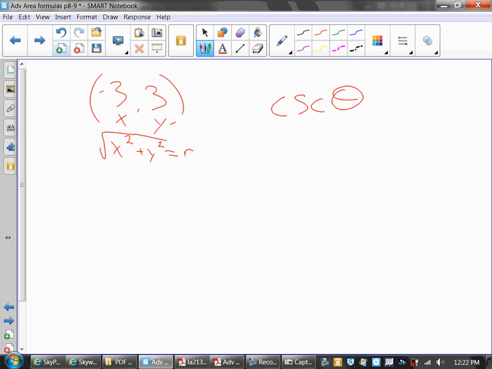Negative 3 squared plus 3 squared is 18. Square root of 18 is 3 root 2. Once again, you got to simplify your fractions. Okay. What's that? Oh, was it cosine? Okay, I wasn't sure. I know it was one of those.